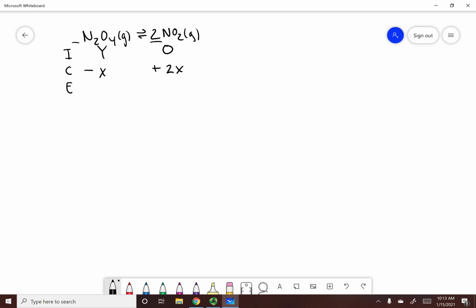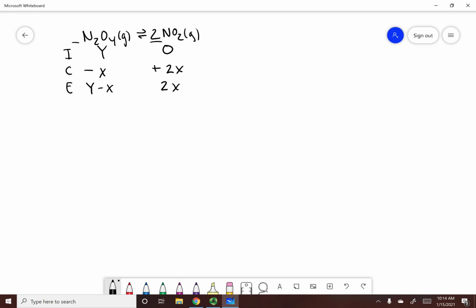Lastly, we can go ahead and do I plus C, which equals E, so Y minus X, and then 2X for NO2. Now we have a problem here, and our problem is that we have two variables in our equilibrium pressure. So we have to go ahead and get rid of that.